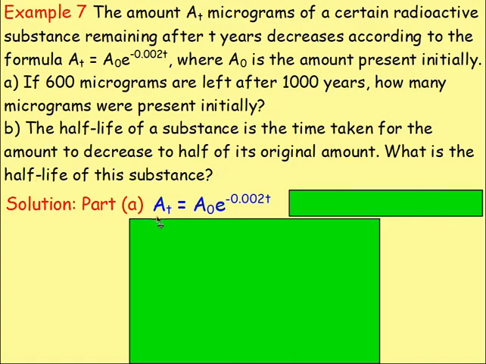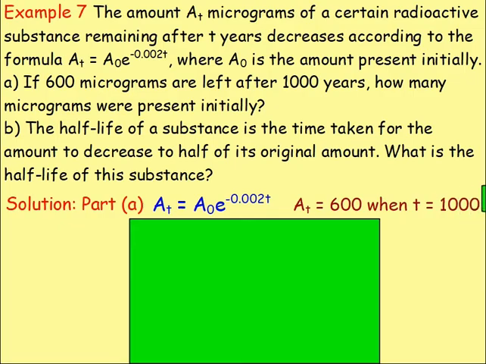So right away, we're given this formula. We're told A_t, the amount of micrograms, is equal to A naught, the amount present at the start, multiplied by e to the power of negative 0.002t. We are also told in the question that A_t is equal to 600 micrograms, and that is when t equals 1000.